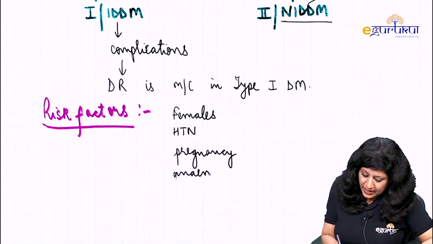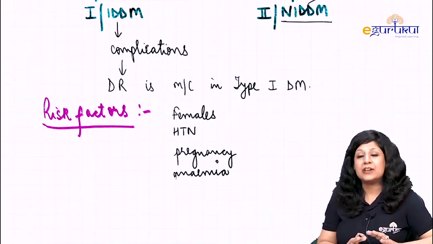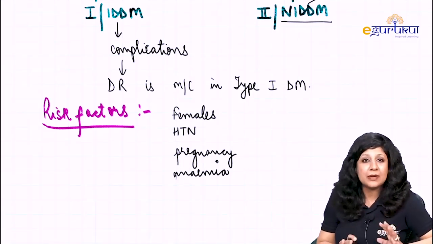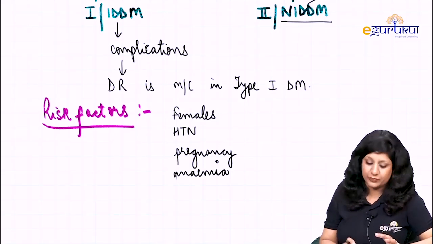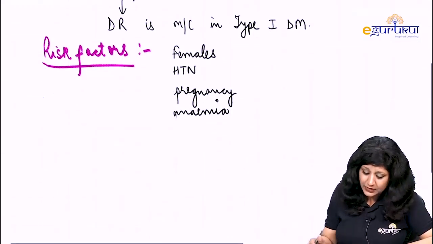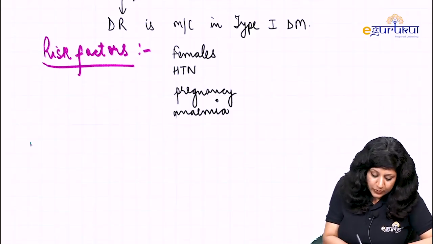So, these are the other risk factors which can lead to diabetic retinopathy: type 1 diabetes along with female gender, hypertension, pregnancy and anemia. Okay.